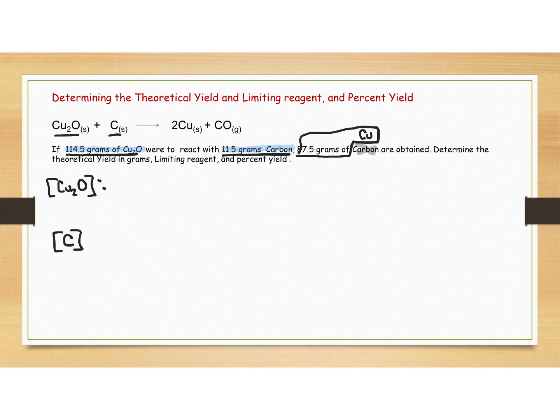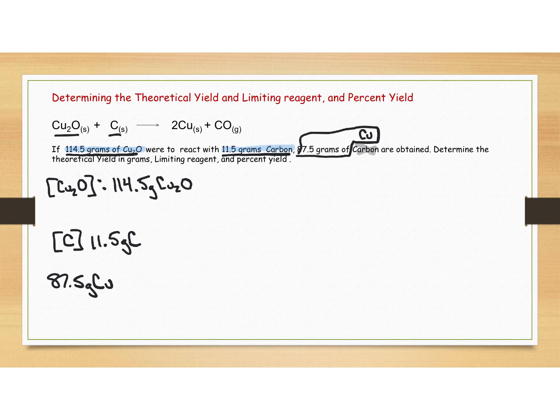So let's put the numbers appropriately by them. 114.5 grams of Cu2O and 11.5 grams of carbon. That takes care of two of the numbers. The third number is 87.5 grams of copper was produced.